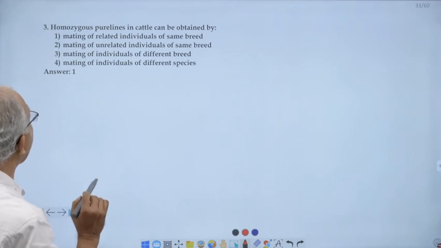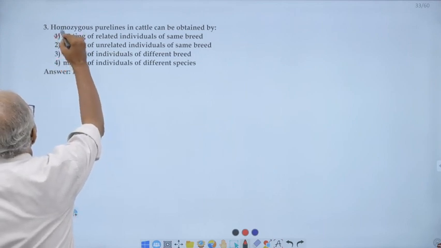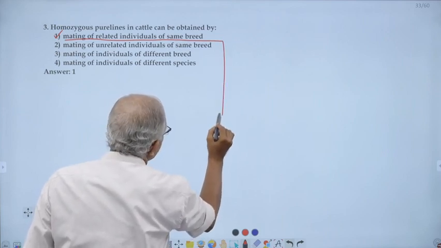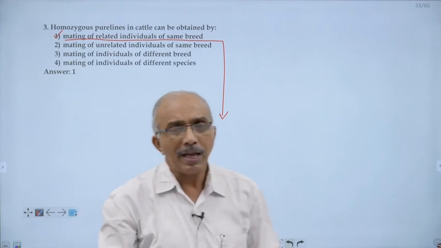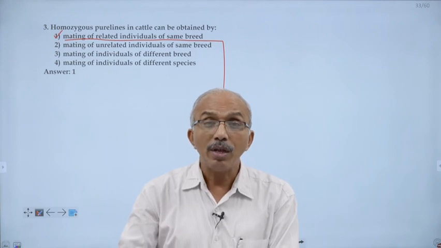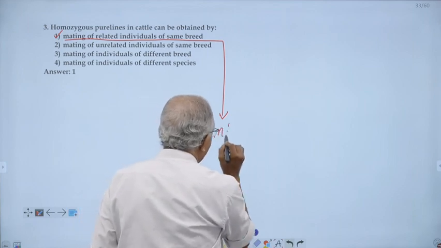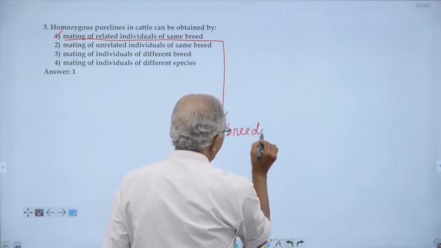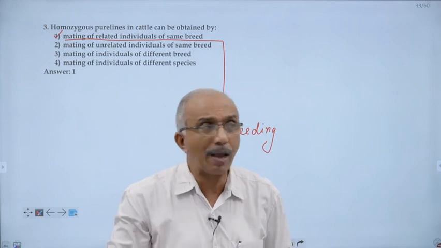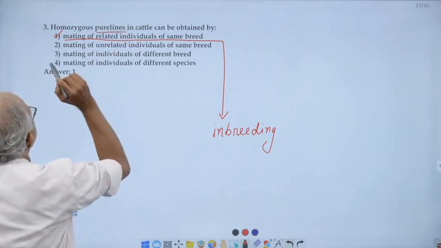Next, homozygous pure lines can be obtained by mating of related individuals of the same breed. There is a single term to refer to this process, that is inbreeding. Inbreeding is used to develop homozygous individuals. So pure lines means homozygous.